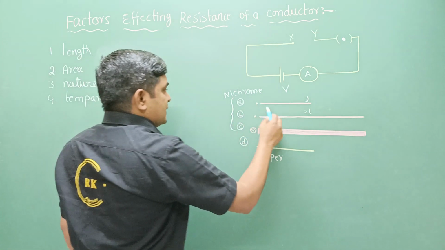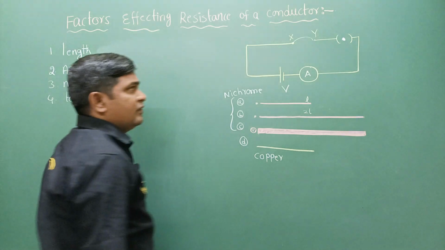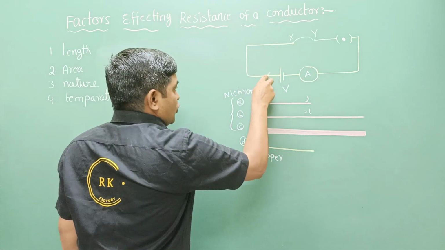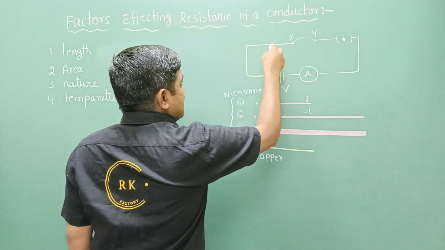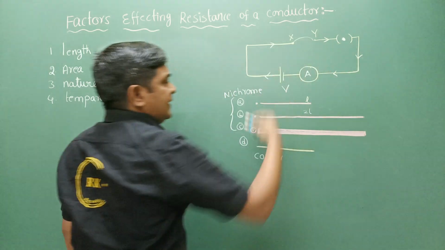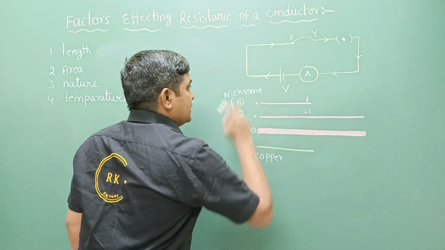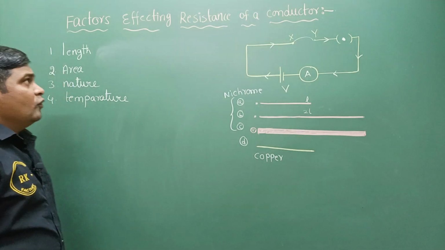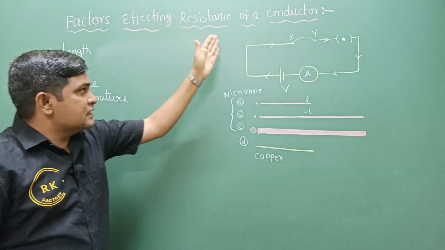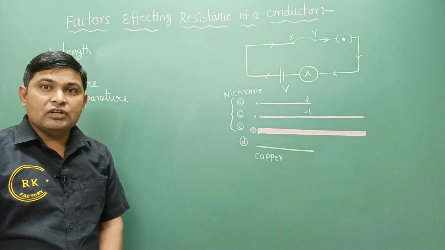So if I connect the first one, A, between X and Y in the circuit, then current will start to flow in this circuit. I can find some reading in the ammeter, meaning I am going to measure the current. Whenever we are talking about factors affecting resistance, why are we talking about current?